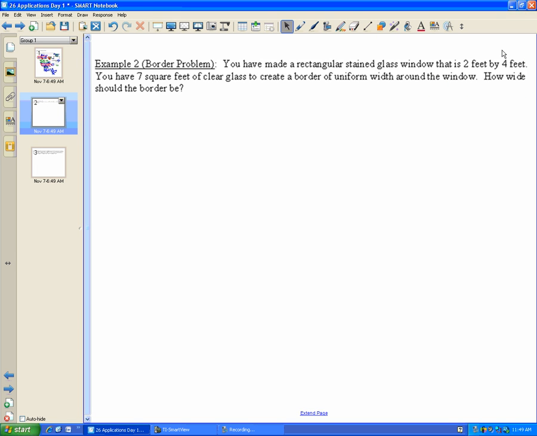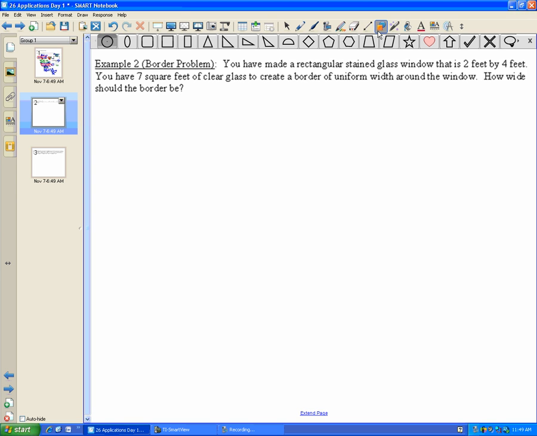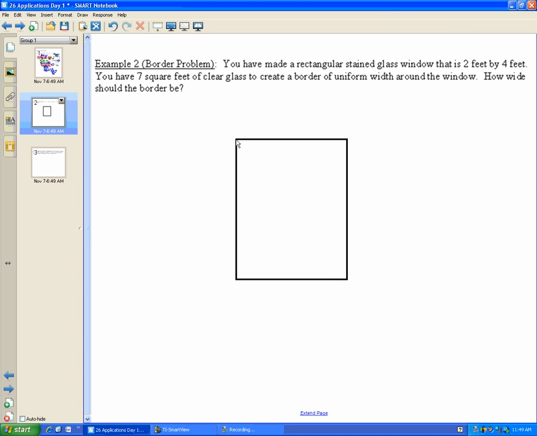A border problem. You have made a rectangular stained glass window that is 2 feet by 4 feet. So I'm going to create a rectangle, 2 feet by 4 feet.